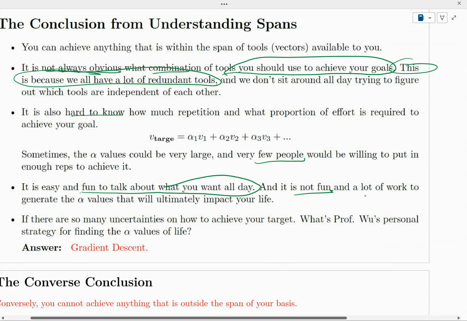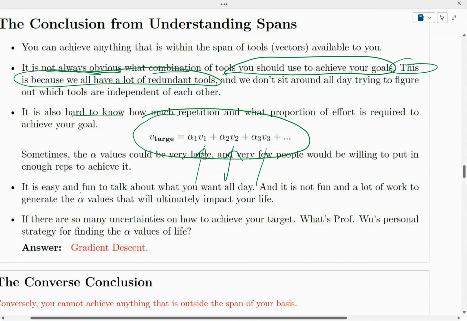It is not fun and a lot of work to generate these alpha values that will ultimately impact your life. So once you understand the concept of span, this right here kind of mathematically describes what you're doing with your life. Right? We all have certain tools and we have some goals which we're trying to achieve. And this right here is the math that describes that.